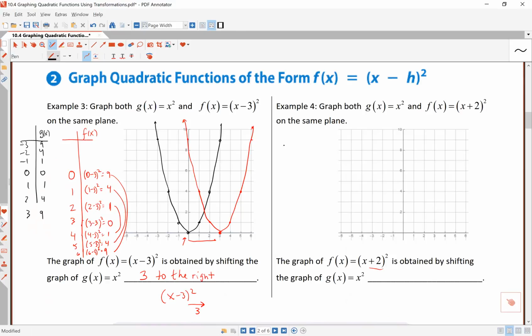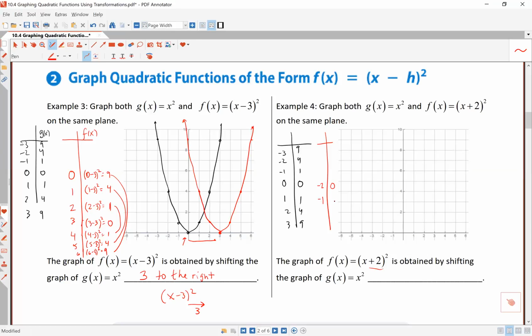Again, we start off with the graph of y equals x squared, or g of x equals x squared. And then we graph x plus 2 squared. So the number that makes that 0 inside is a negative 2. Negative 2 plus 2 is 0, squared is 0.